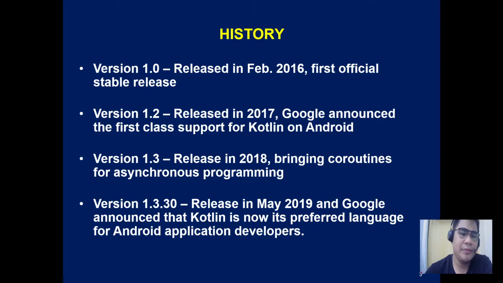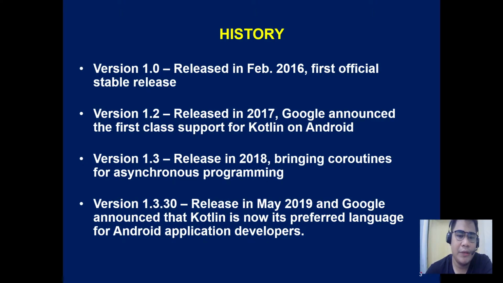So the first version, version 1.1, was released in February 2016. It was their first official stable release, though there were some versions before, but they weren't really official releases, just testing, development, and debugging of the program itself.